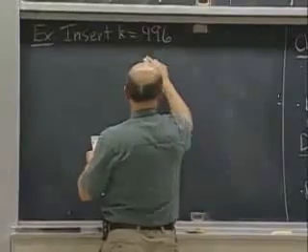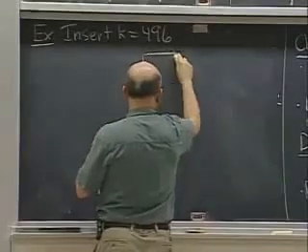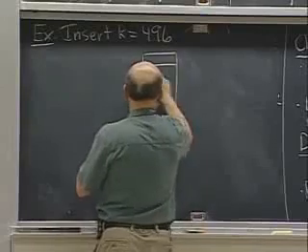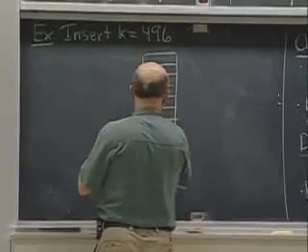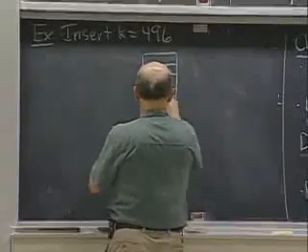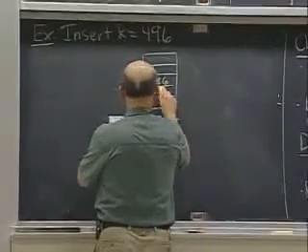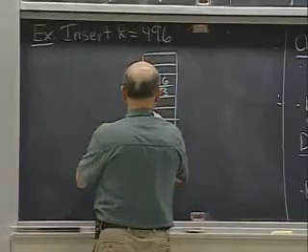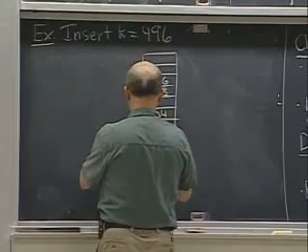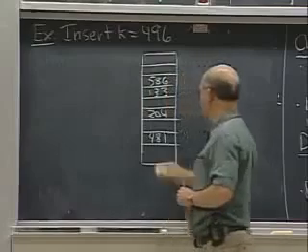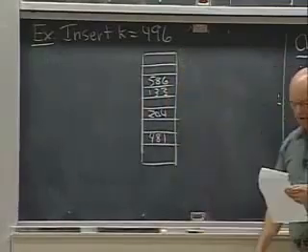Here's my table, and I've got some values in it: 586, 133, 204, 481, etc. So a table looks like that. The other places are empty.